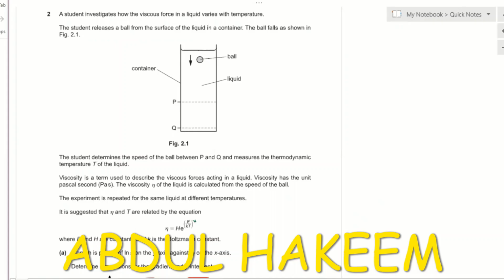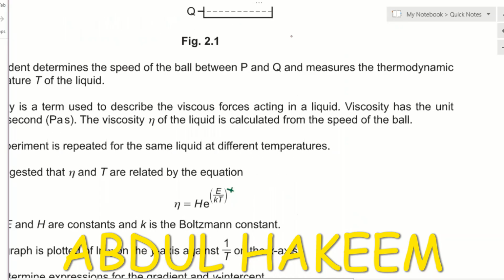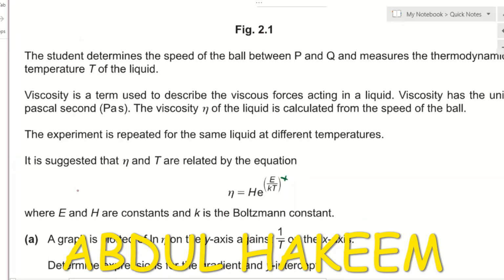It is suggested that viscosity eta is equal to H e^(E divided by kT), where E is the energy and H are constants and k is the Boltzmann constant. A graph is plotted of ln eta on the y-axis and 1 over T on the x-axis. Determine the expression for the gradient and the y-intercept.